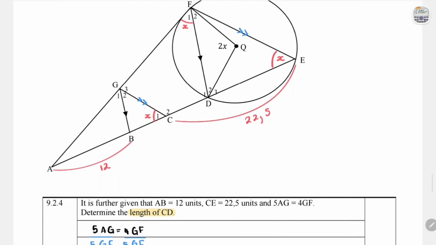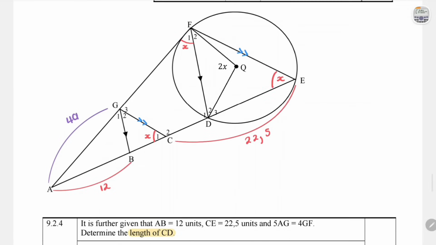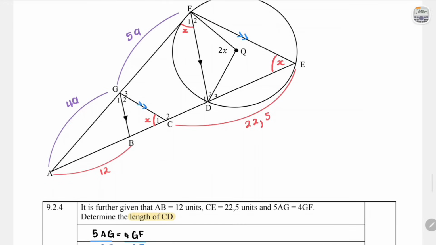So we can call AG 4A. Okay, so that is just to show that it's not the length, it's just a ratio. So whatever this line's length is, AG just takes 4 parts and GF takes 5 parts. So we'll say that is 5A. And this is what we have right now.